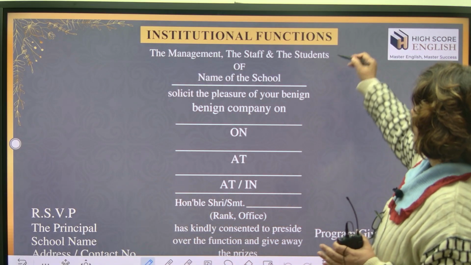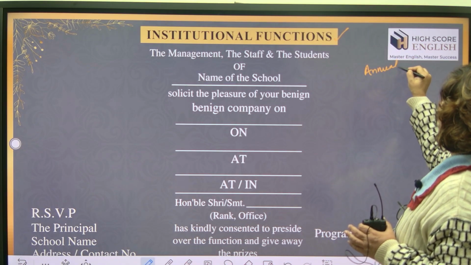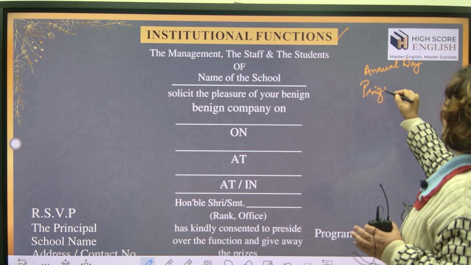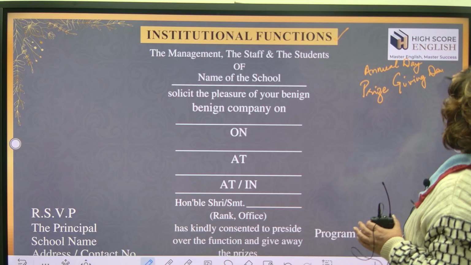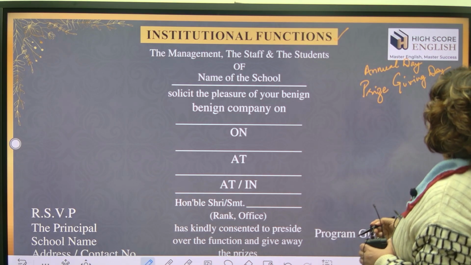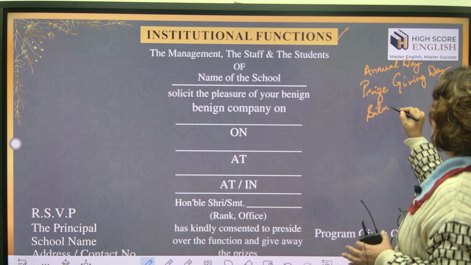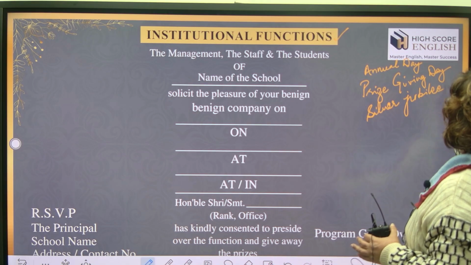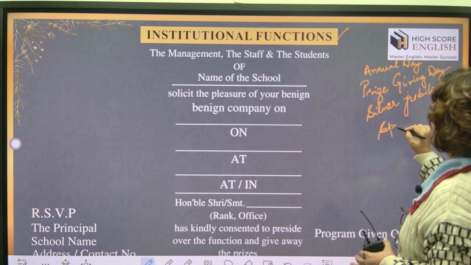So when we talk about institutional functions, it is either annual day, prize giving day, or some kind of silver jubilee celebration of the school. The school has completed 25 years. Sports day, annual sports day.